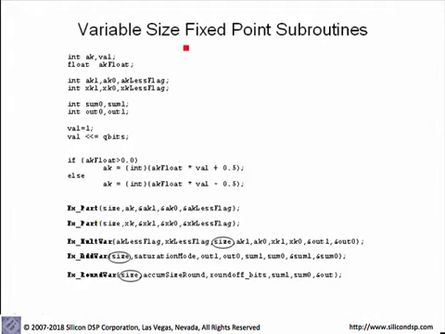Here we show the subroutines that are available in order to implement variable size fixed point arithmetic. I won't go into too much detail here except to say that we have some auxiliary routines that are very important.